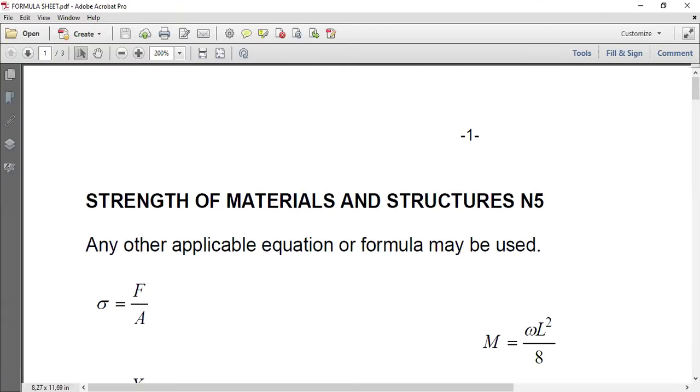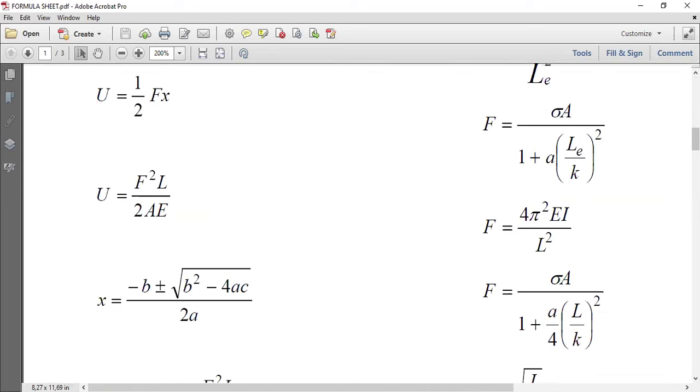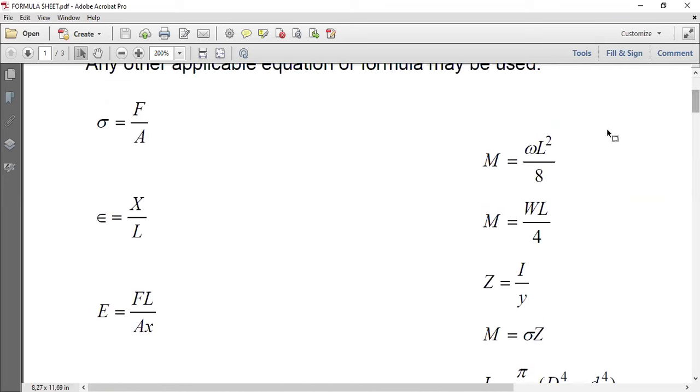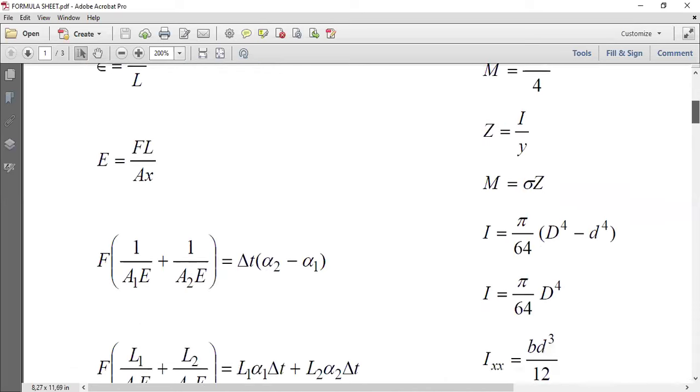If you consider our formula sheet, all the formulas are still the same as we used to have before. Meaning to say, as long as it is a bar that you're talking about and material, the issue of the stress, whatever that you talk about, all these calculations are going to remain the same.